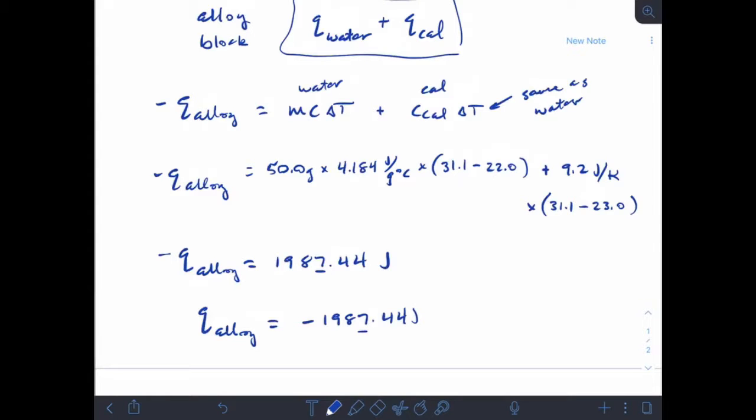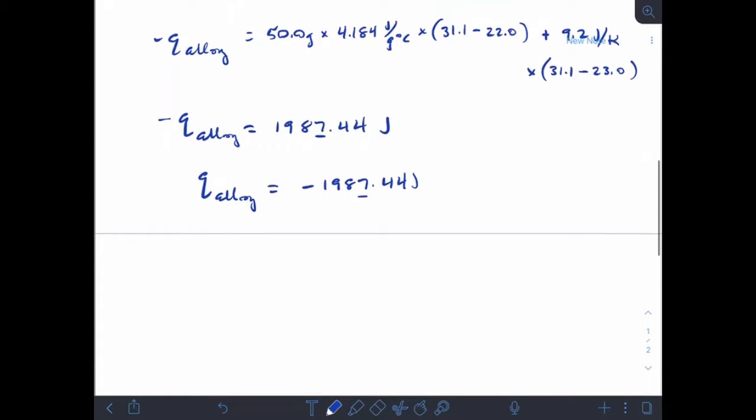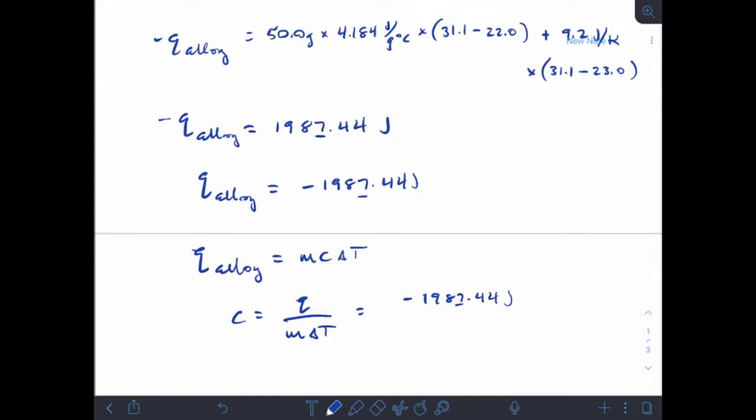Okay, so now that I know Q of the alloy, I also know the mass of the alloy, and I know the delta T for the alloy. So C is just Q over M delta T. So Q was negative 1987.44 joules, tracking at the fourth sig fig.